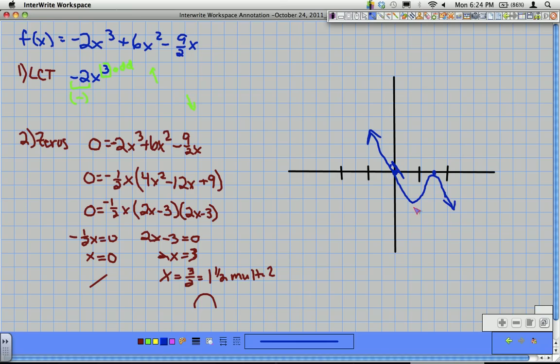Now this part right here, how low is it? We're just going to have to take some values between 0 and 1.5, plug them into the x's, either up here or in our factored form, and that's going to tell us how far down this goes and how steep our lines are going to be. But the general shape, you get the idea, looks like that.